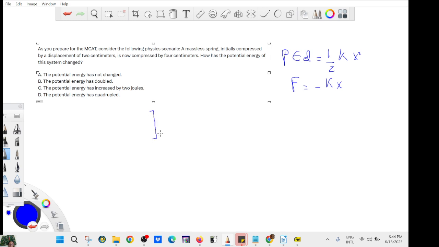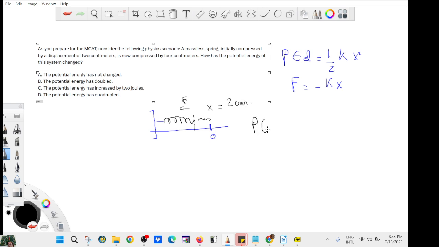So what's happening here? You have a spring. Let's say here it's happy, it's at rest. And now you start to compress it 2 centimeters, right? So here it's compressed. Okay, so it means you are pushing on it here, and it's being compressed by a displacement of 2 centimeters.